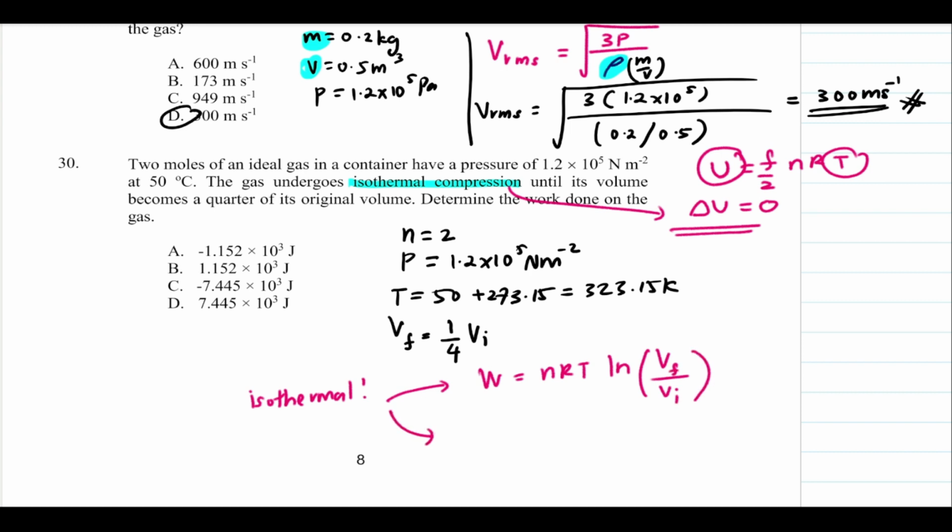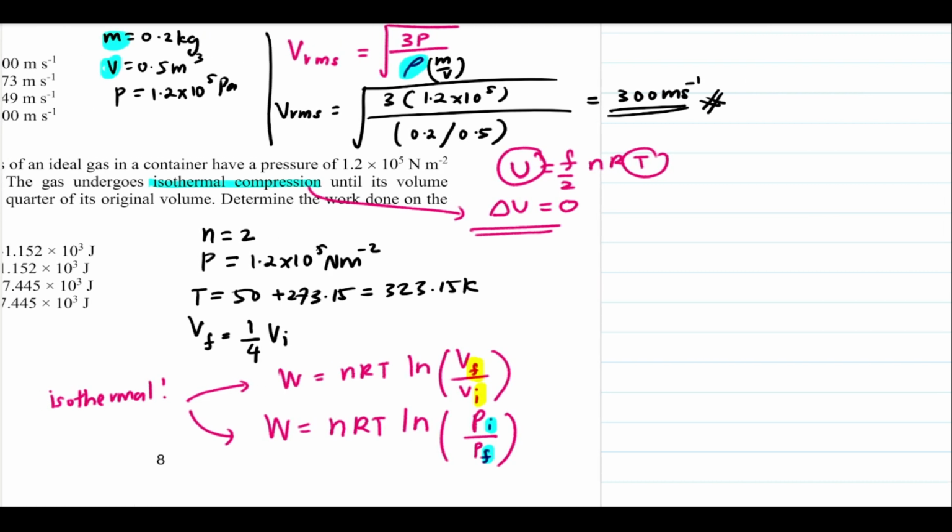Atau you boleh guna formula pressure. Kalau you ada pressure lah. ln P initial over P final. Jangan terbalik. So final initial. So sekarang kita dah ada volume. So saya terus guna formula inilah. Okay, ini untuk saya cari work.